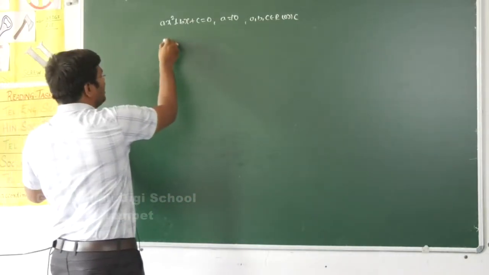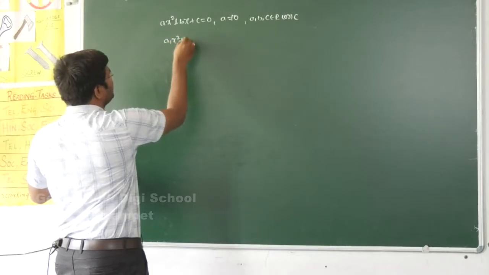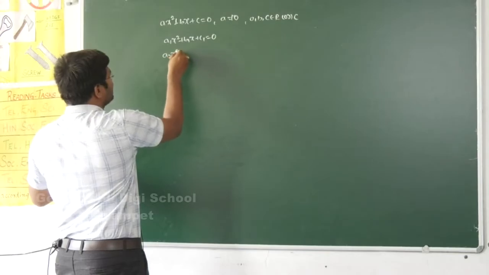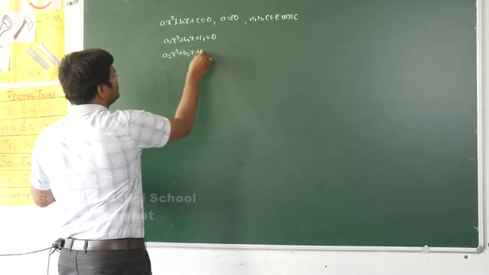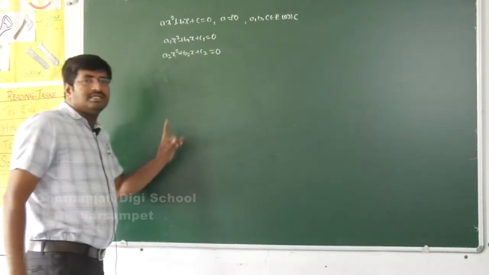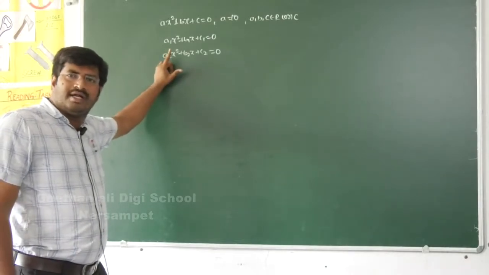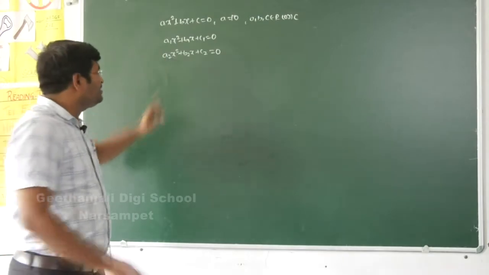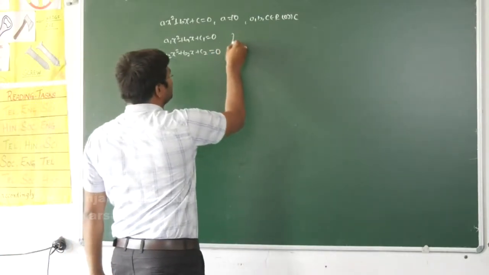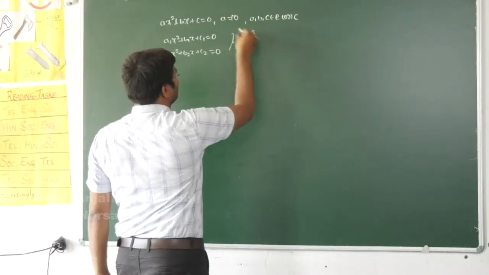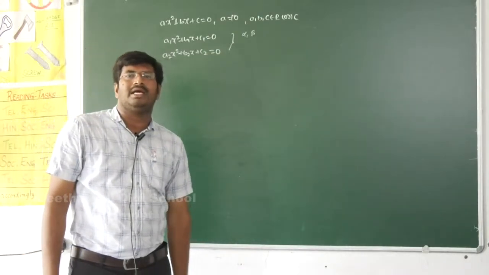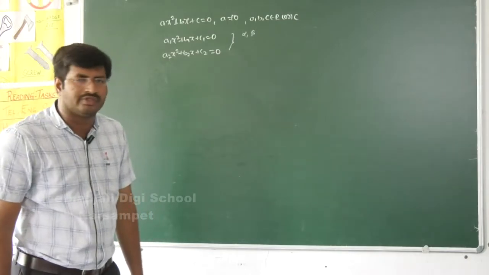For example, a1 x square plus b1 x plus c1 is equal to 0, and a2 x square plus b2 x plus c2 is equal to 0. These two quadratic equations have one common root. The first quadratic equation may have roots alpha, beta, because we already know a quadratic equation has two roots.